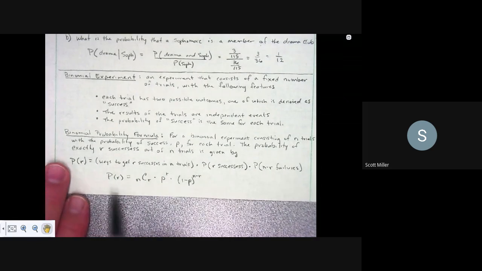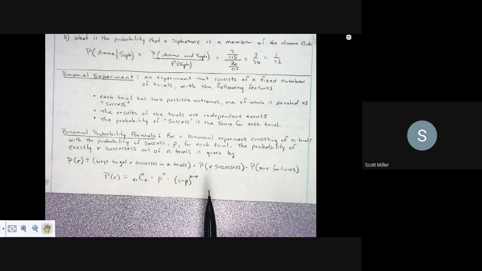So how does that work? This is the formula you're going to use right here. p is the probability of success. 1 minus p is the probability of a failure. So here's that nCr from our counting principles. And you just use this formula, and you should be able to work this out and get your answers. So let's see this in action. That is what the last example is.